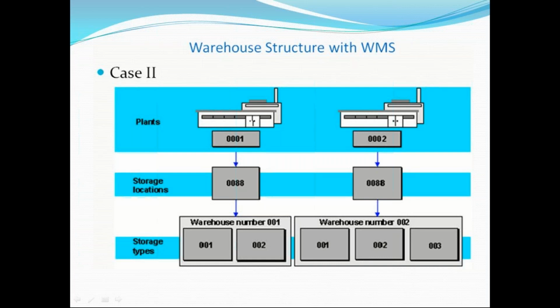As we see in this picture, the warehouse number 002 will have multiple storage types like 001, 002, 003. So whenever we are doing the goods receipt onto 0088, the material will be allocated to a particular storage type as well as to a particular storage bin.